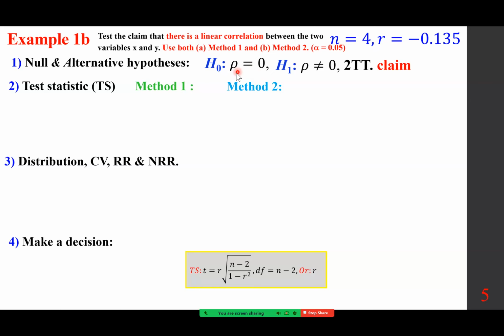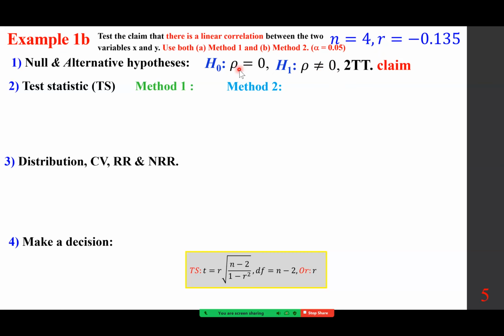I hope you remember when we discussed in the first page, no linear relationship, no linear correlation was close to 0. And if it was close to +1, it had a strong positive linear relationship, close to -1, strong negative linear relationship. So that's why this means there is a correlation. This means there is no correlation.